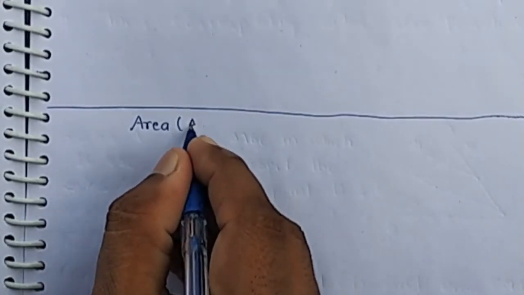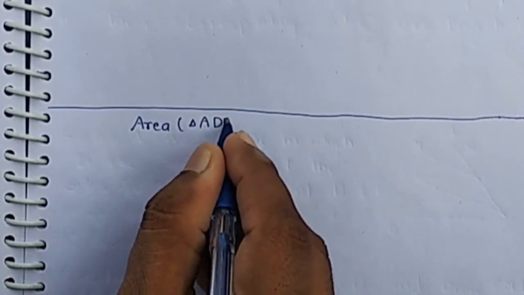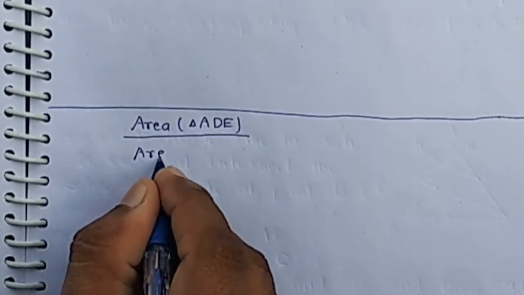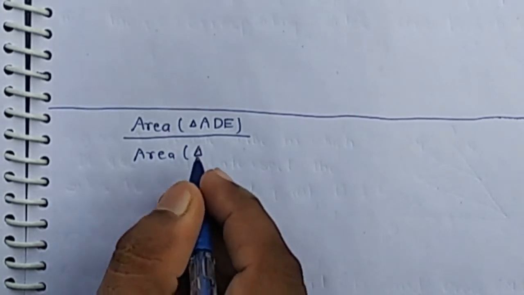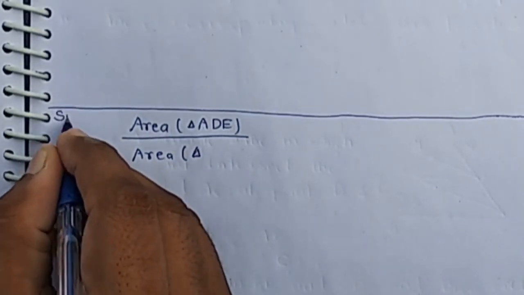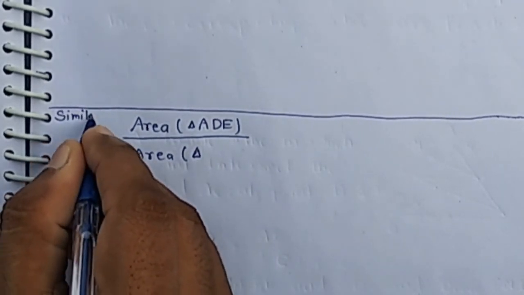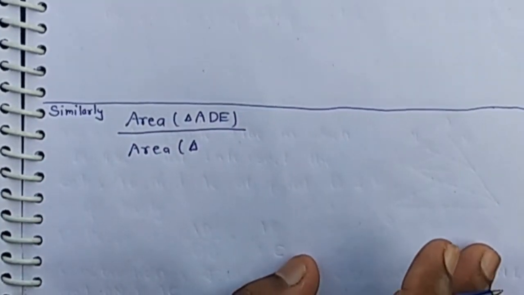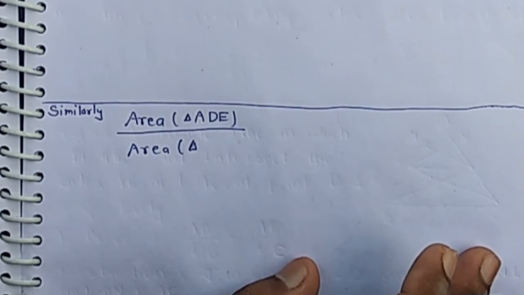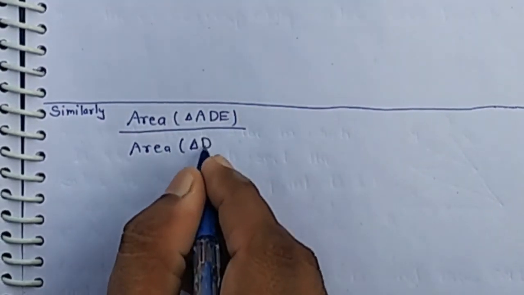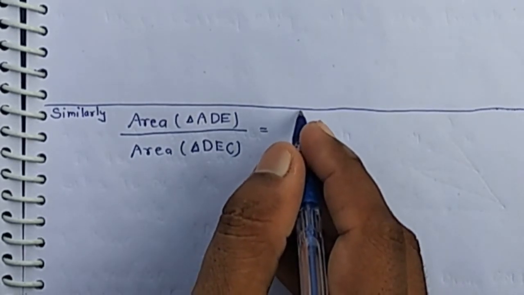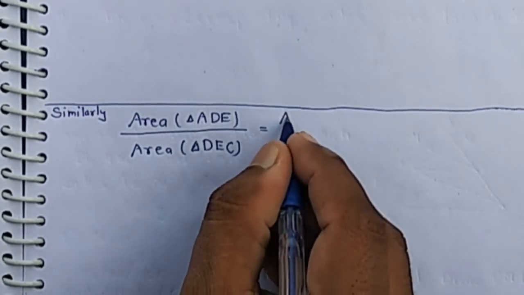Area of triangle ADE by area of triangle DEC is equal to AE by EC.